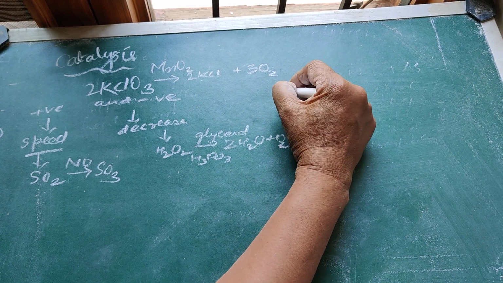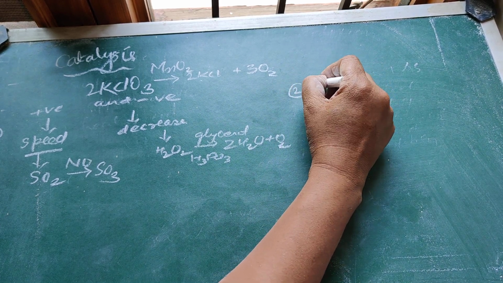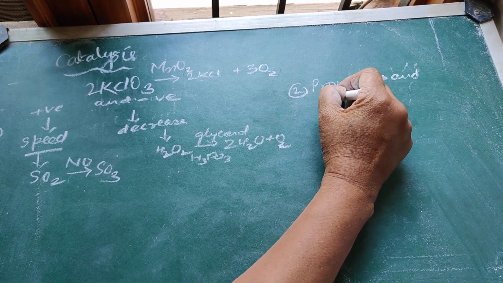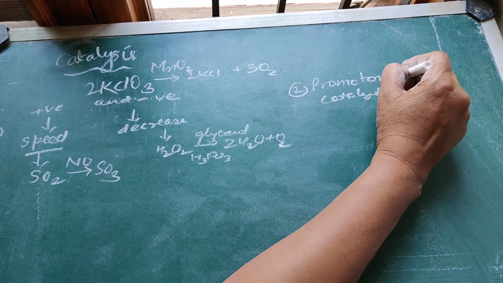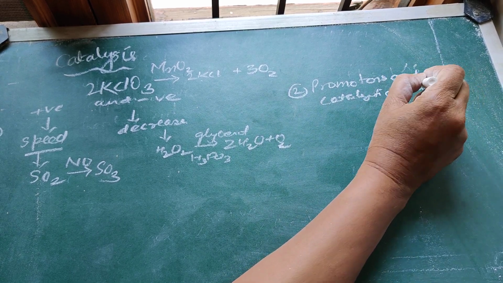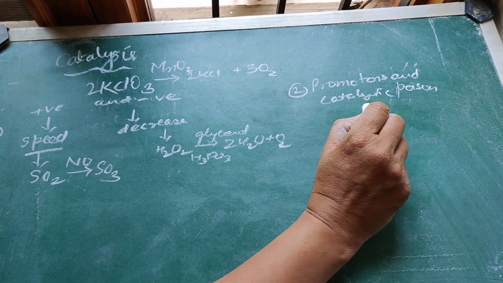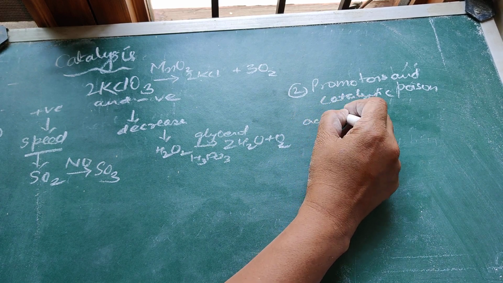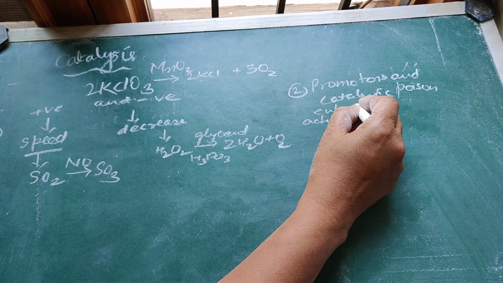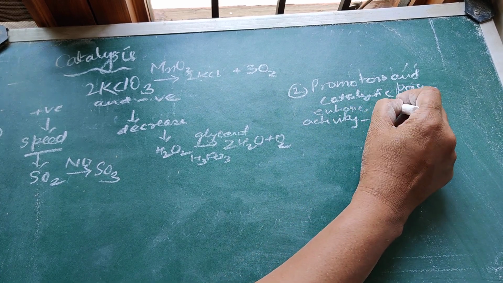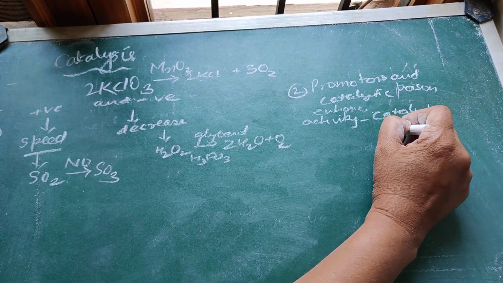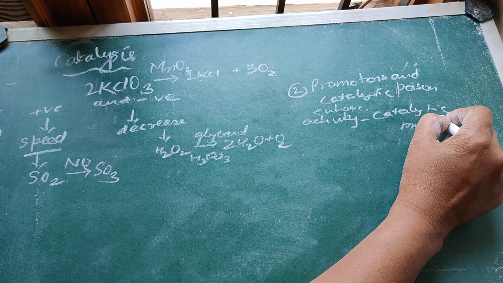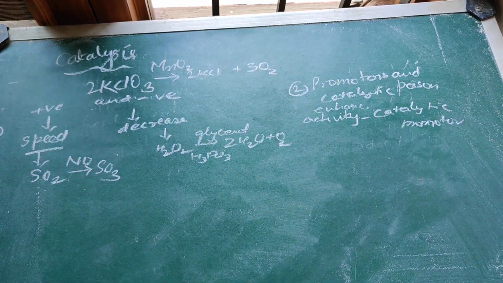Then the second is promoters and catalytic poison. As the name suggests, promoters: if a substance enhances the activity of the catalyst, you will call it a catalytic promoter.